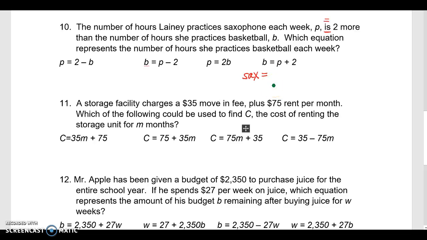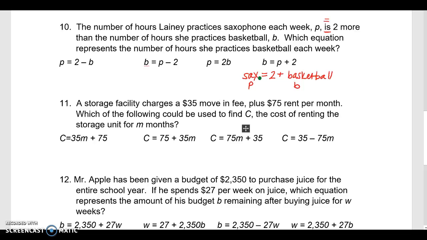That means we're adding 2 to whatever the situation is, more than the number of hours it takes to practice basketball. They're saying that is B. And practice saxophone is a P. So which equation best represents it?